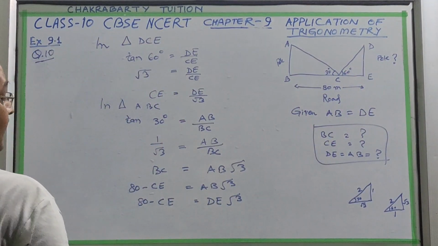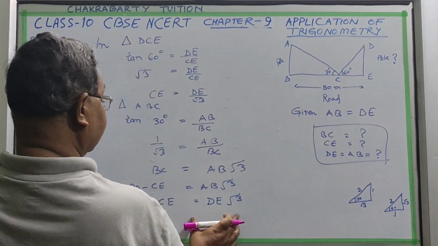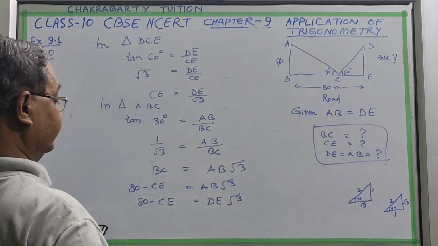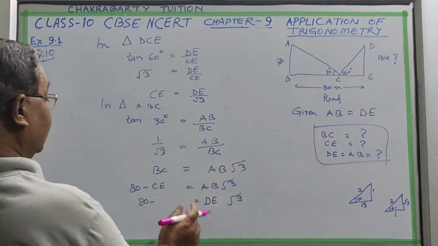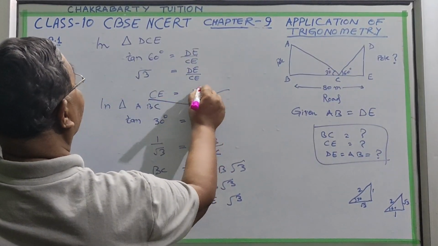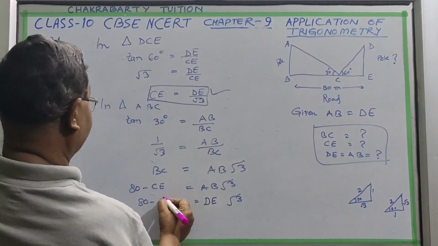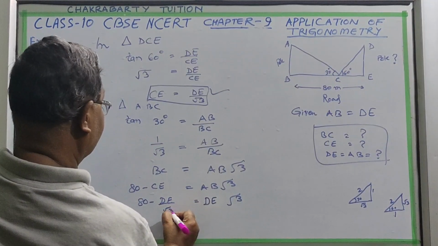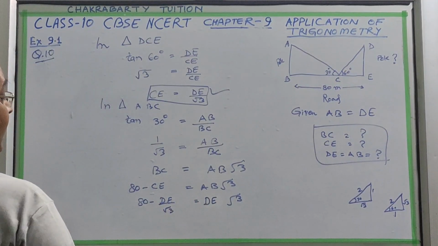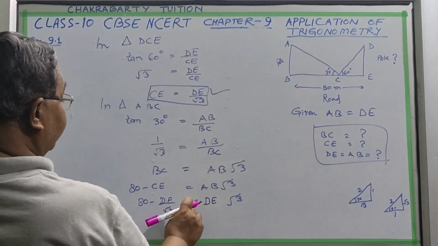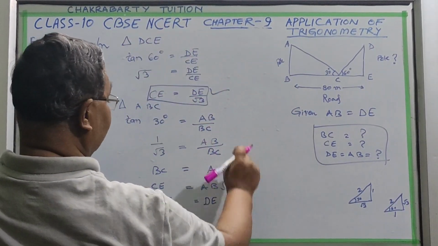Okay. So now for CE we have solved. CE we can replace with D upon under root 3. Now we will transpose and solve from here onward. I will rub it and from here we will again solve the upper portion.